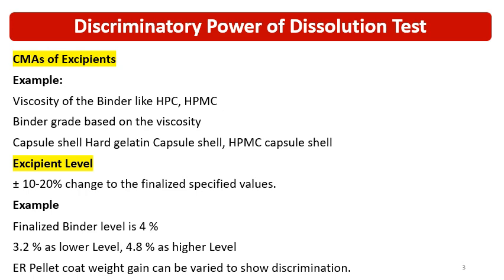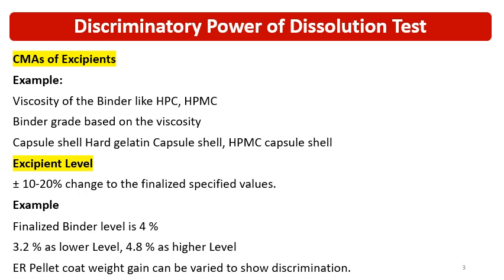Then excipient level. Many of the regulatory authorities are suggesting to use a 10 to 20% change to the finalized specified values. This is regarding the excipient level. The regulatory authorities are saying that you can make a change of 10 to 20% to the finalized or specified values or excipient levels and then check the dissolution.